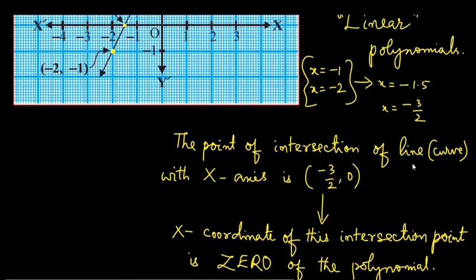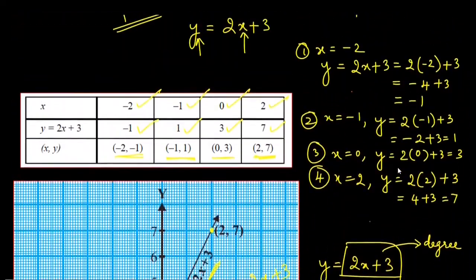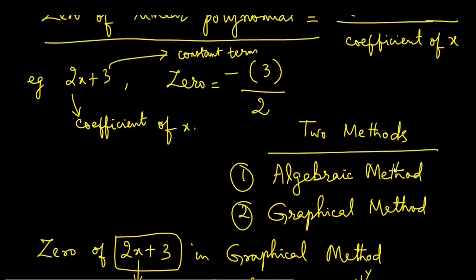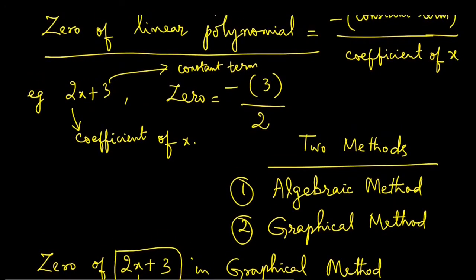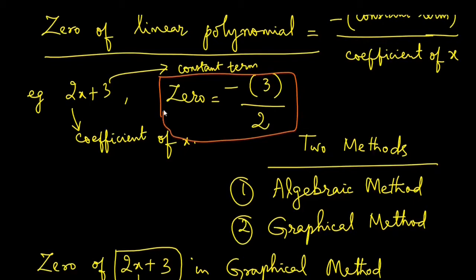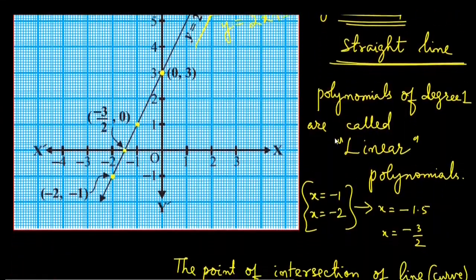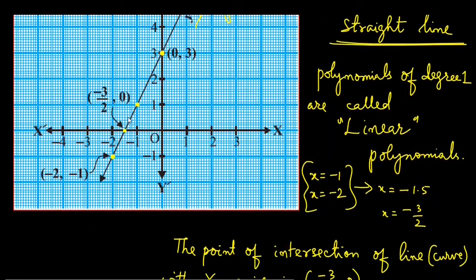Algebraically, we have seen that the 0 of the polynomial is minus 3 by 2. And graphically, where are we getting minus 3 by 2? We are getting minus 3 by 2 here on the graph.